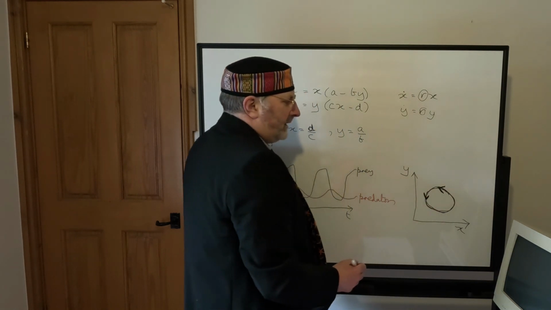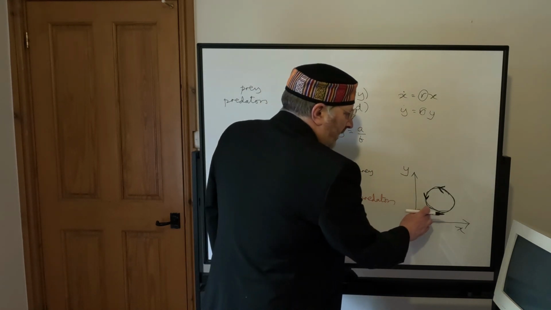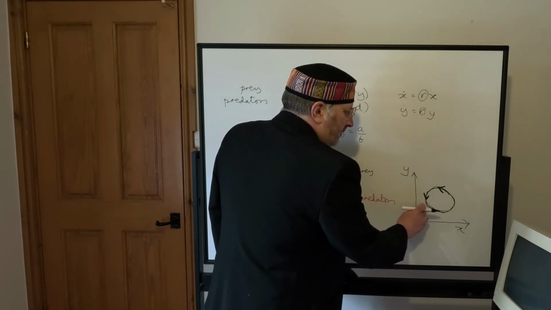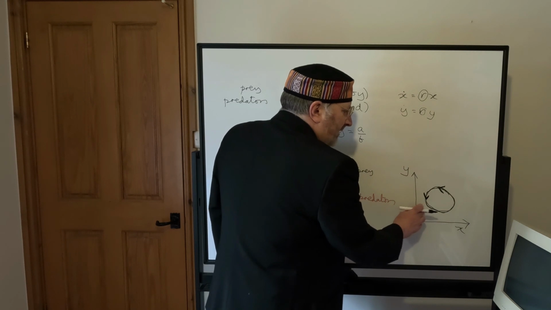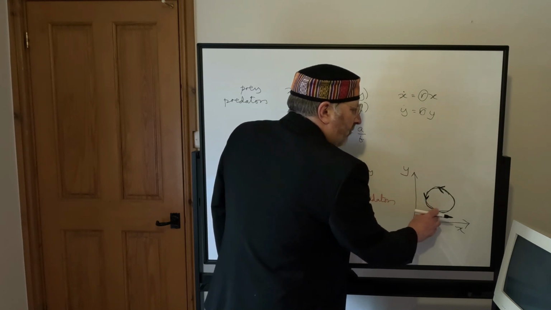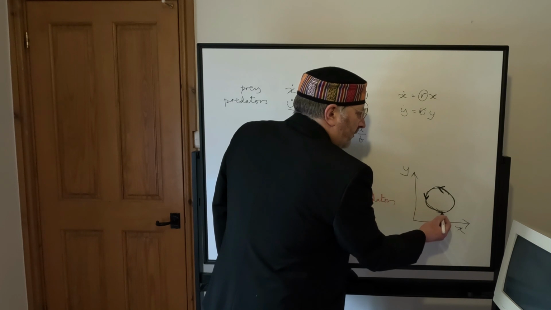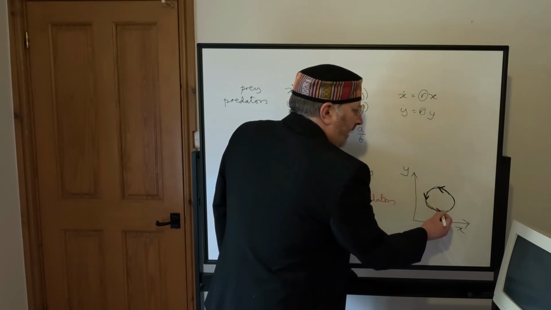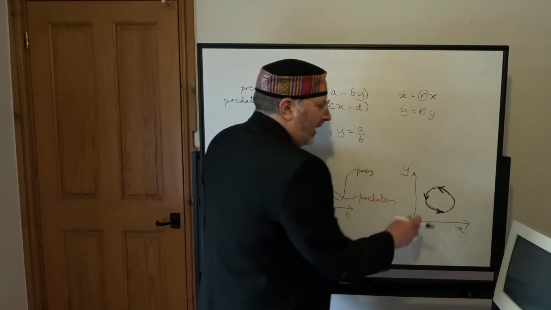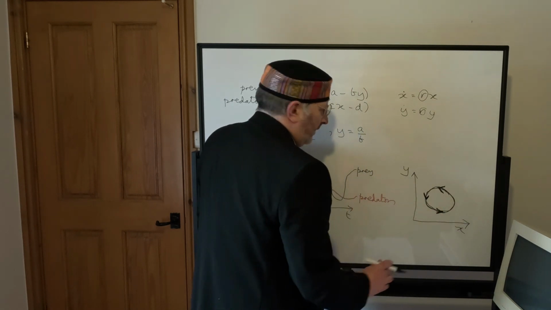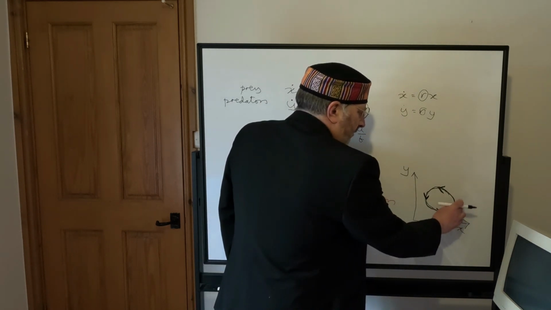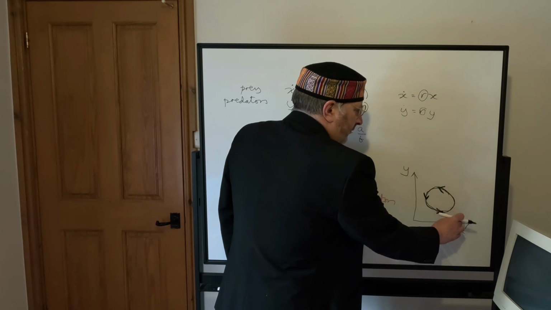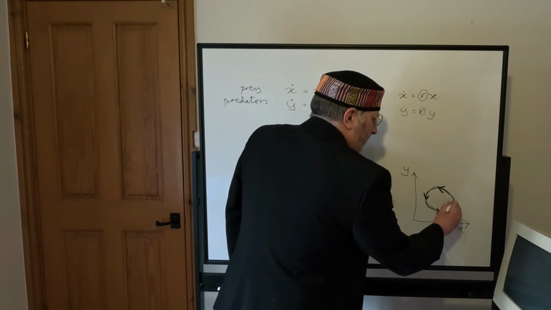So we're moving down in this plot. And then we get to here, now the predator population has massively decreased, so now the prey can start to increase again. And so we're moving now to the right, population increasing. And then up here, the prey is now large in numbers, so the predator population starts to increase and we move up.